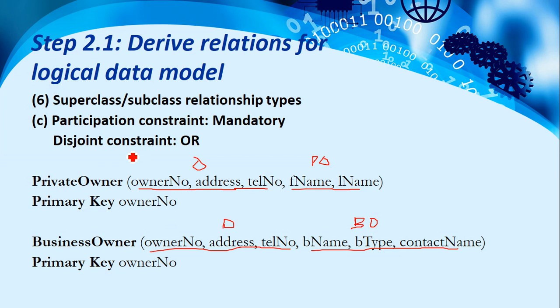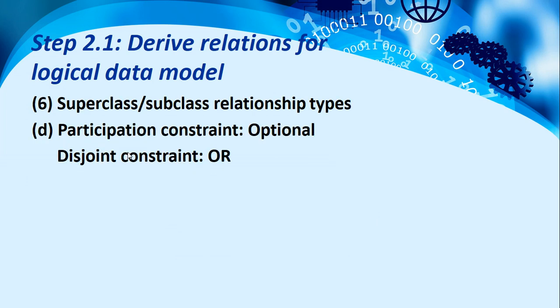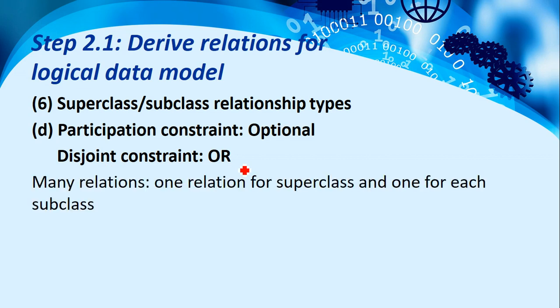And next we have participation constraint, optional disjoint constraint, or so may relations pa rin, one relation for superclass and one for each subclass. Okay.